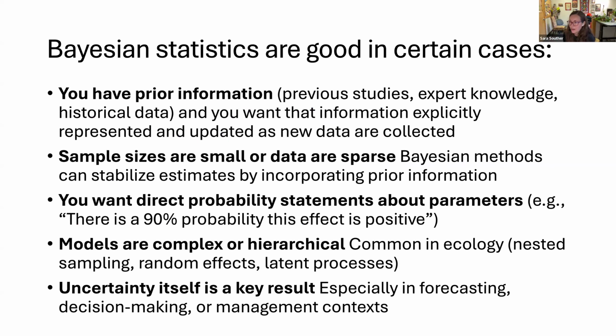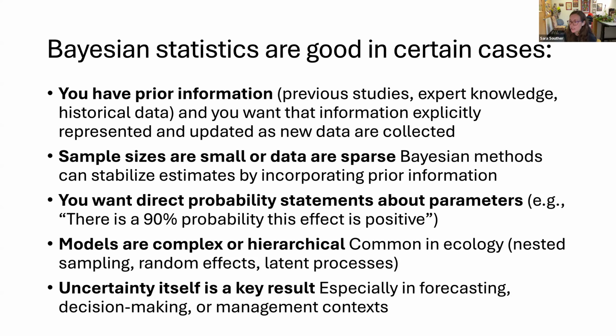This approach is particularly useful in a couple of situations. First, when you already have really solid prior information. This might be previous studies of your system, expert knowledge, long-term monitoring, and you want to formally incorporate that into your analysis.